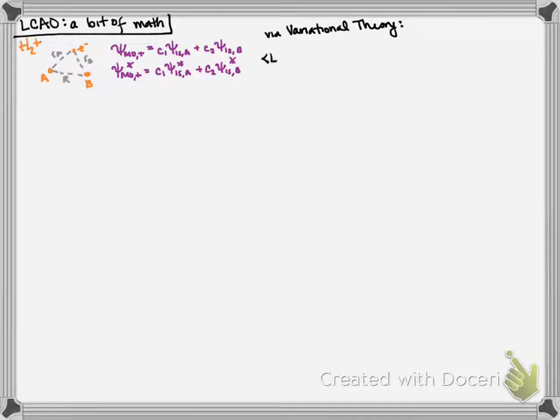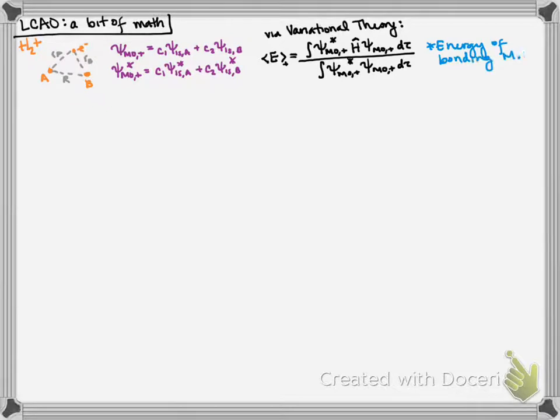And if we think about variational theory, according to variational theory, our average energy is the wave function complex conjugate, Hamiltonian acting on the original wave function, all integrated, divided by the integral over all space of psi star psi. Here we're dealing with the bonding orbital, so MO plus is how I've denoted that.